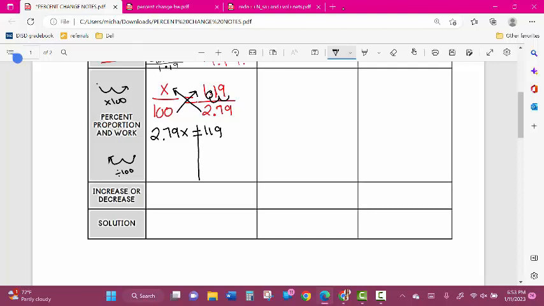Solving the equation means I want to get x all by itself. I don't want $2.79 times x, I want 1 times x. So to undo the coefficient, we would divide by 279, because 279 divided by itself makes 1.